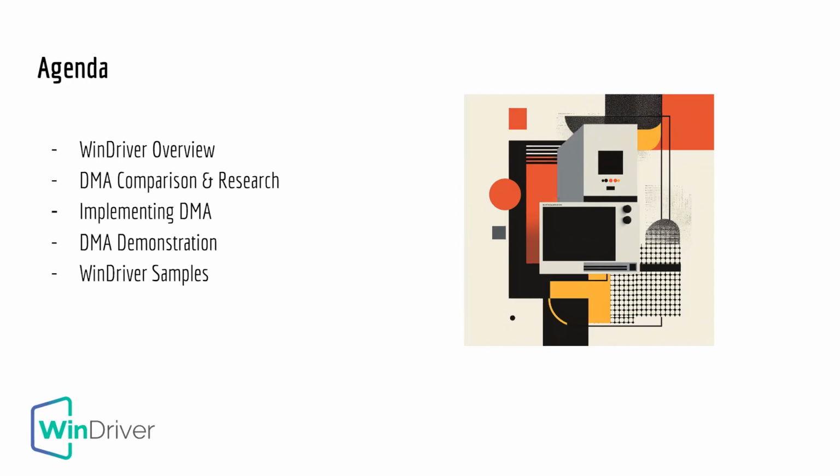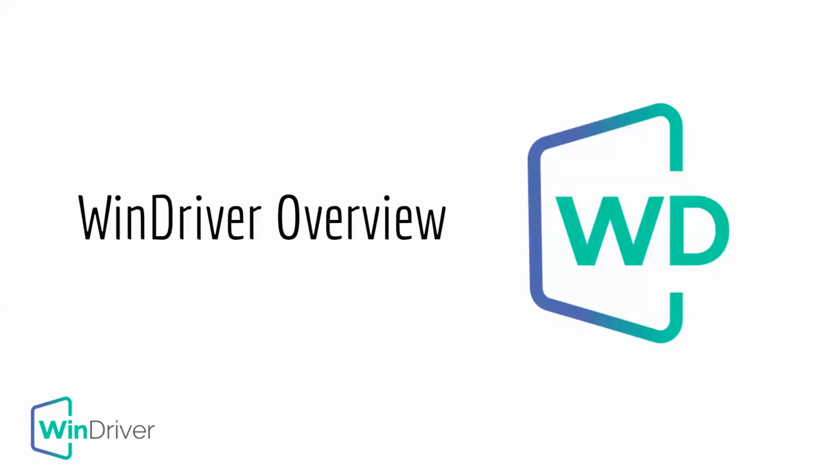We will overview it, and we'll talk about scatter gather and contiguous DMA. What's the difference between scatter gather and contiguous, and how can you utilize both of them? Then we will see a demonstration of a DMA, a live video, and we also talk about the WinDriver samples that we offer in the sample folder and in the wizard.